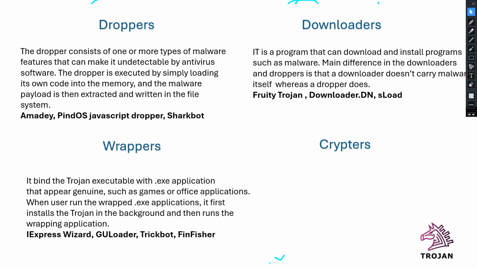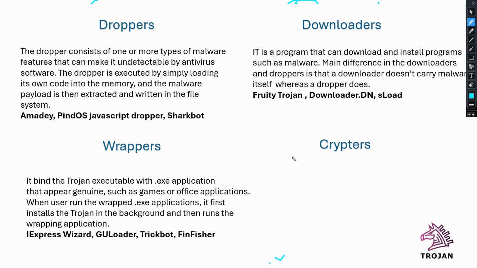It binds the Trojan executable with an .exe application that appears genuine, such as games and office applications. When the user runs the wrapped .exe application, it first installs the Trojan in the background and then runs the wrapped application. We have different tools like GU Loader, Trickbot, FinFisher, etc.